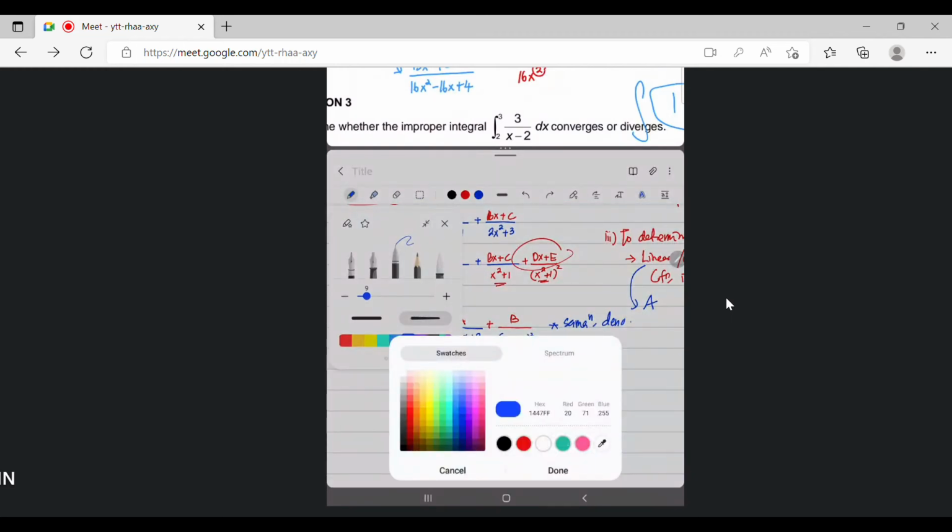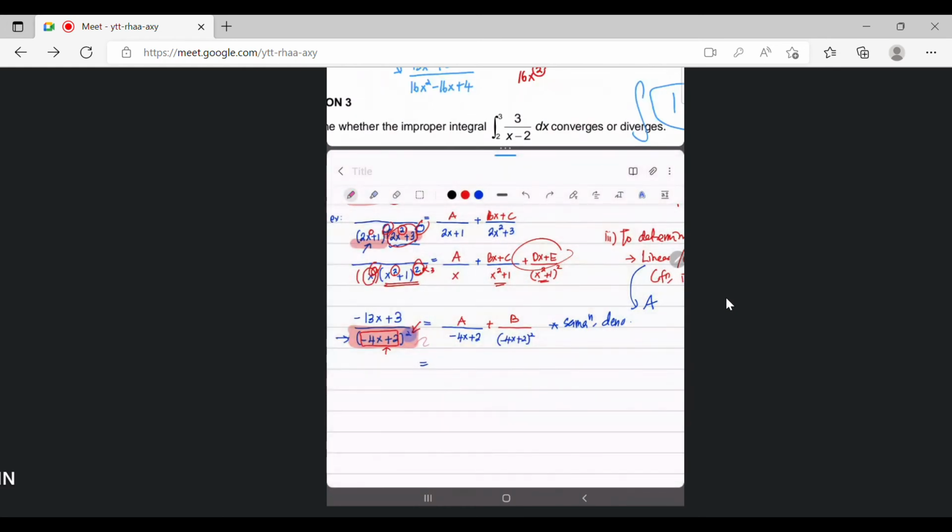Okay, saya ambil color pink. Ambil yang ini, kita punya factor untuk denominator untuk function ni, negative 4x plus 2 kan? Imagine that negative 4x plus 2, we just need to divide with our original denominator.